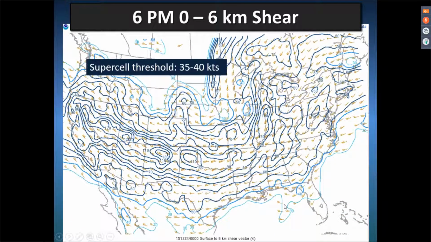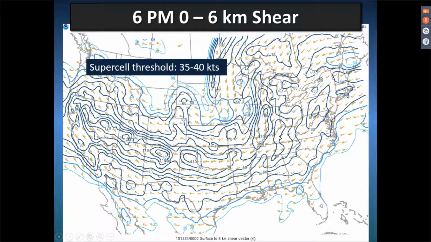And here's another product, the 0 to 6 kilometer shear in the atmosphere. This is the shear from the surface all the way up to about 30,000 feet, a big layer of wind shear. Looking here in Middle Tennessee, there's anywhere from 60 up to 80 knots of wind shear.